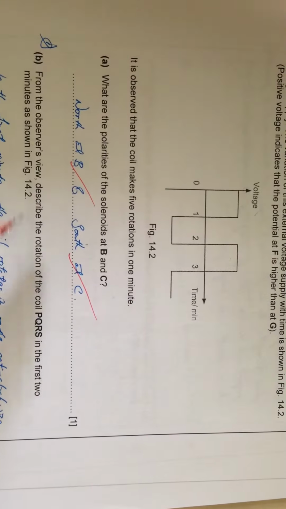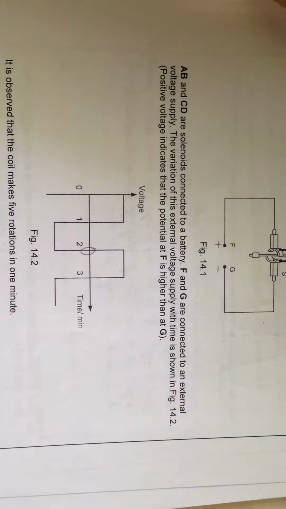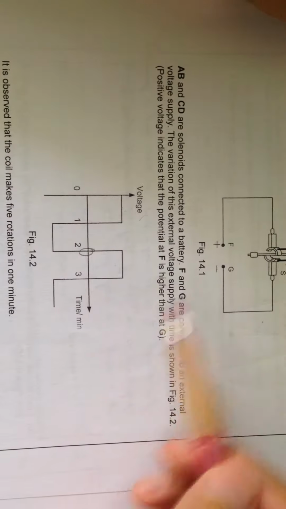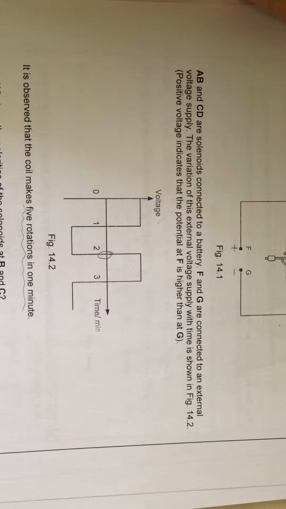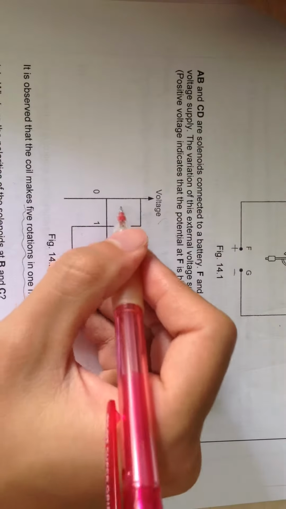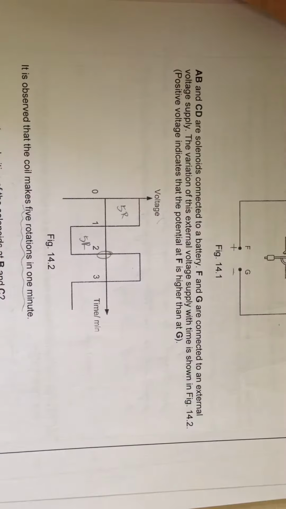Now they ask you in a very specific manner, the first 2 minutes. So the first 2 minutes is until here. And in the question's context, they also tell you this information: 5 rotations in 1 minute. Meaning that for this first minute, there will be 5 rotations.